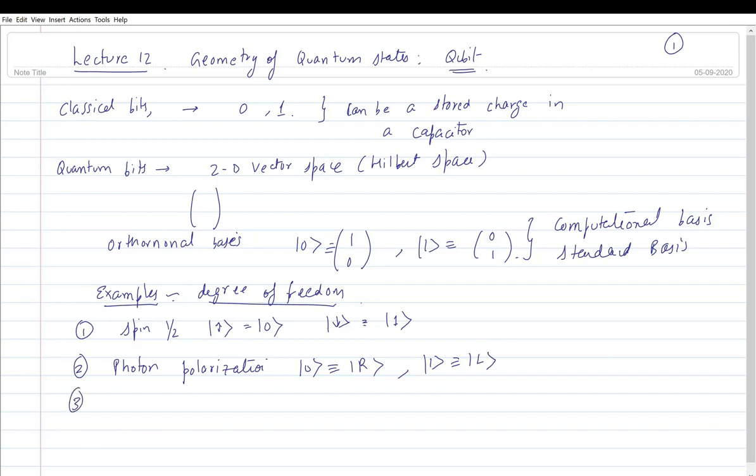A two-level atom, where your 0 could be the excited state and 1 would be the ground state.